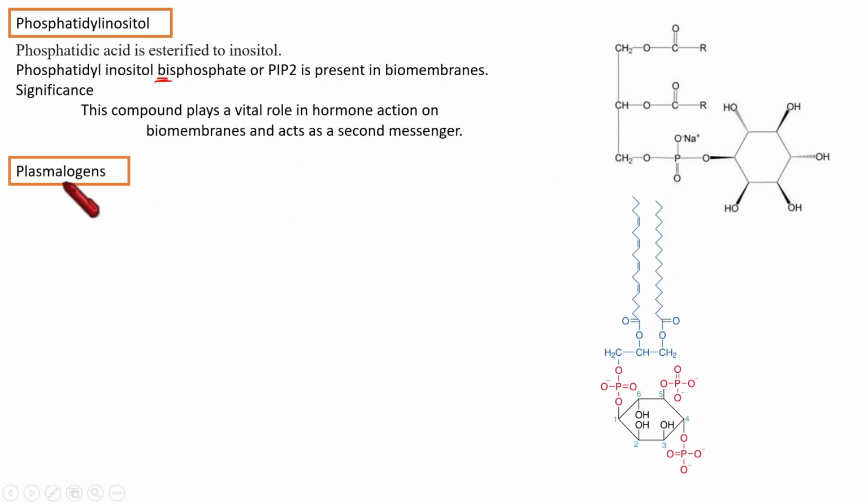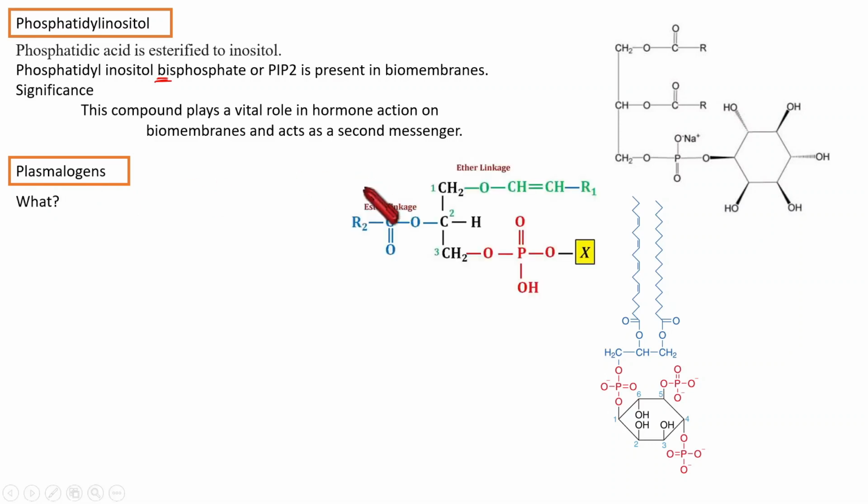Next, we are going to another type of phospholipid. What is it? Plasmalogens. Plasmalogens means what? That's also very interesting. Here, we need to understand that one fatty acid is there. The difference is that here an alcohol, an unsaturated alcohol, is attached to the first carbon, and that attachment is through an ether linkage.